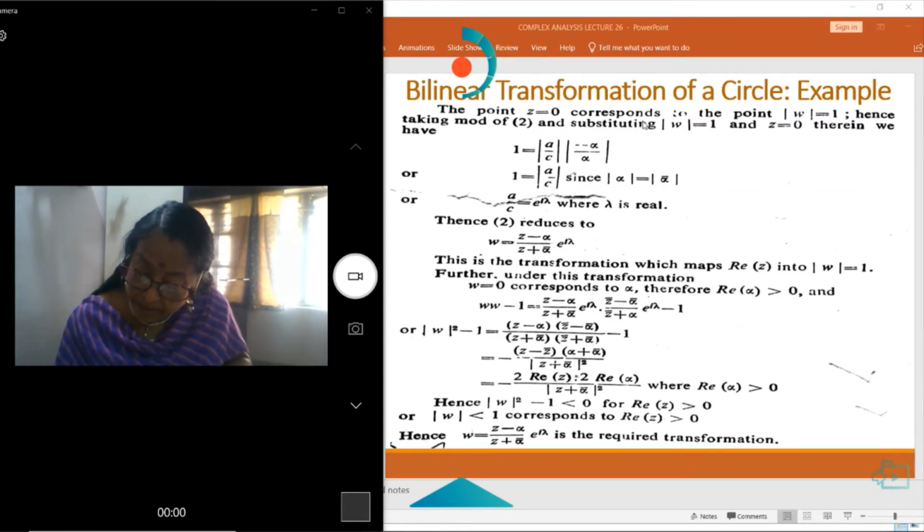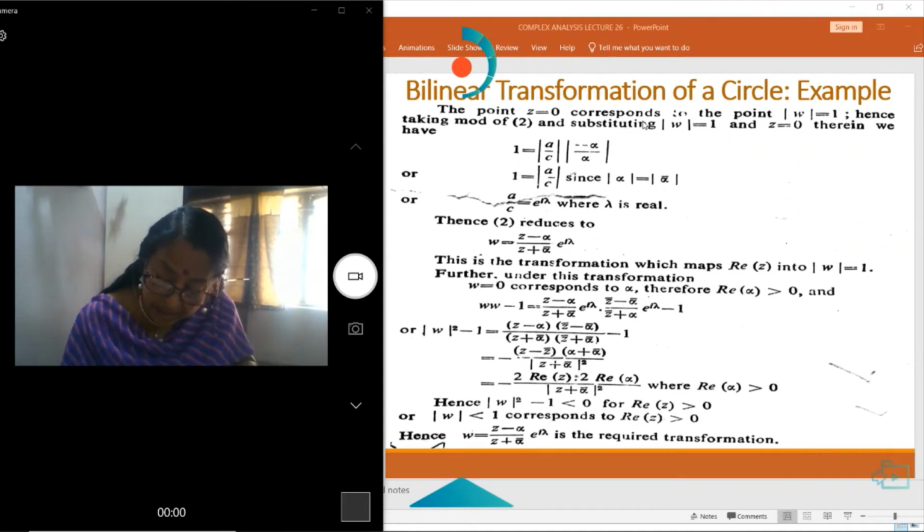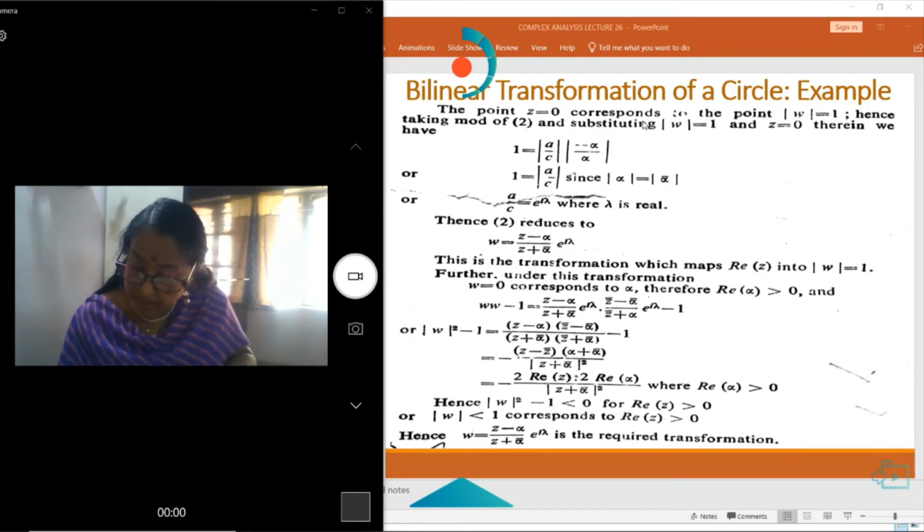Further, under the transformation, w equal to 0 corresponds to the point with real z greater than 0.